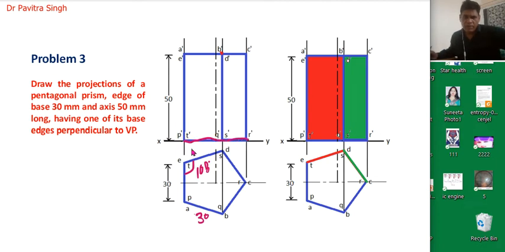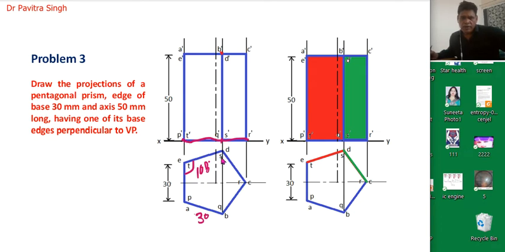Okay, and the numbering for the base is P, Q, R, S, T. Okay, so this will be actually point P projected vertically on this xy line. So this will be point P dash, and this will be Q dash, and from this point this will be R dash, this will be S dash, and this will be T dash.